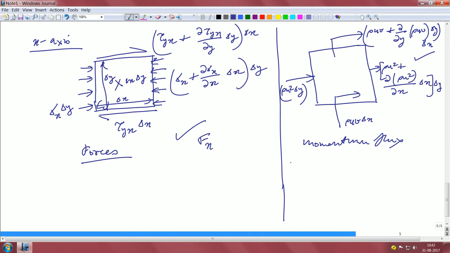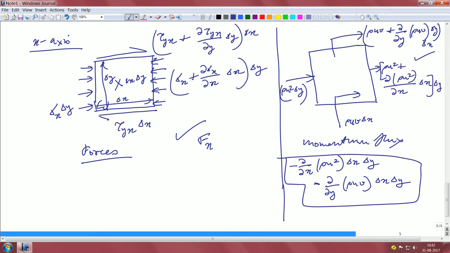So, if you do that, then what you will get is this: the momentum in minus momentum out, got it.